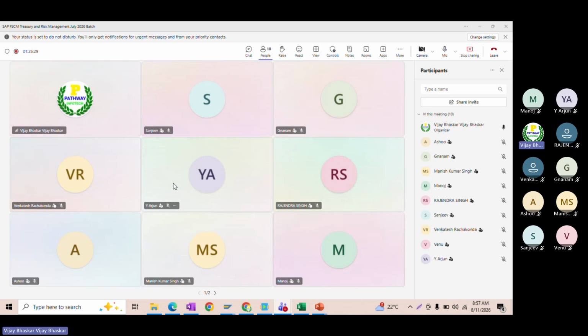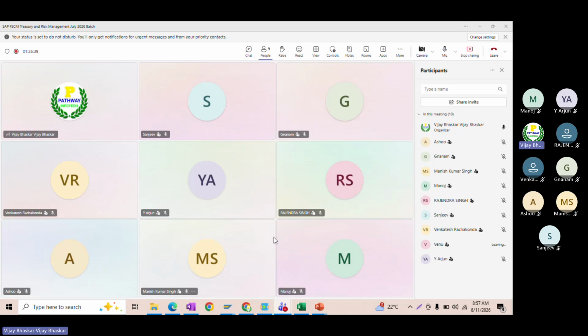It is with me now, but we have less time, so I cannot show it now. In tomorrow's session we will discuss which application is to be activated, the OSS note, and the difference between basic scope and full scope of cash management.